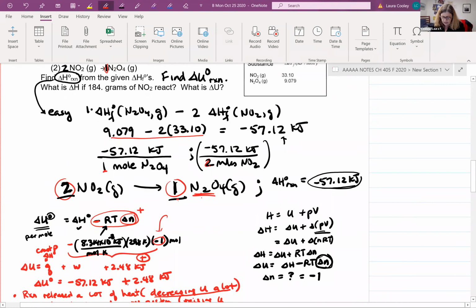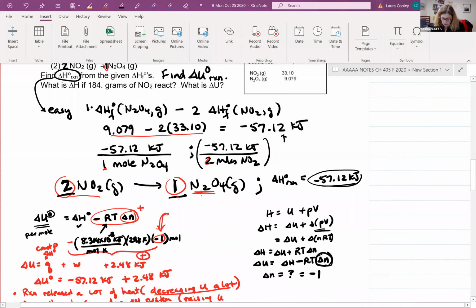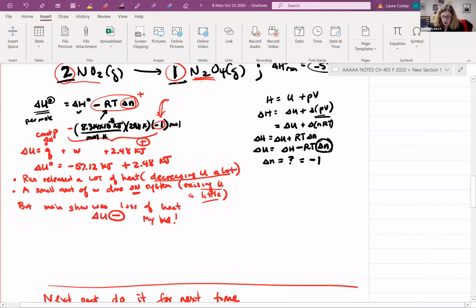That's why this is -1. It's also, for every 2 moles of NO2, a loss of 1 mole. If you were trying to figure this out for the total, it would be a more difficult job, which is why I don't necessarily recommend doing it that way.